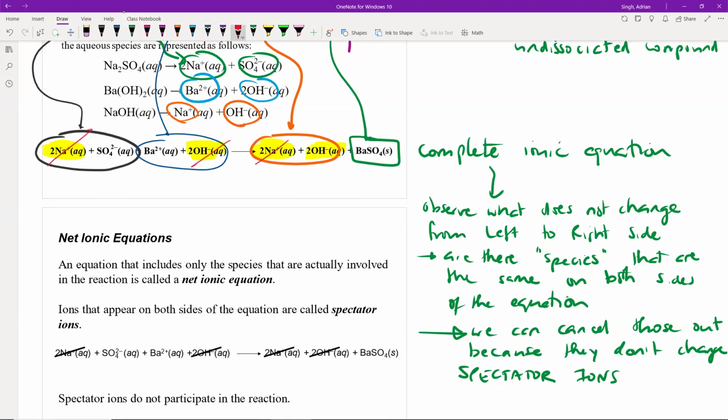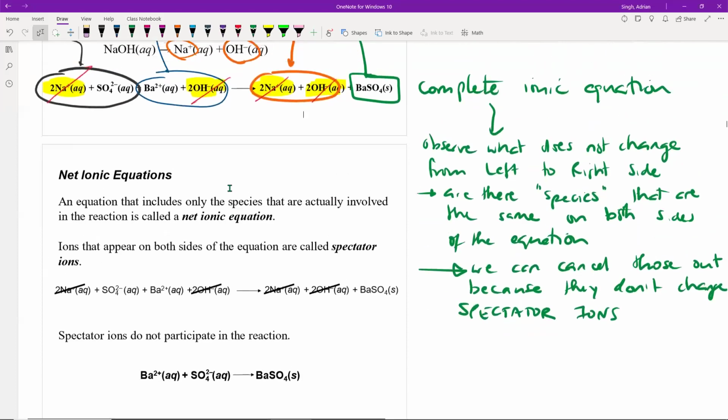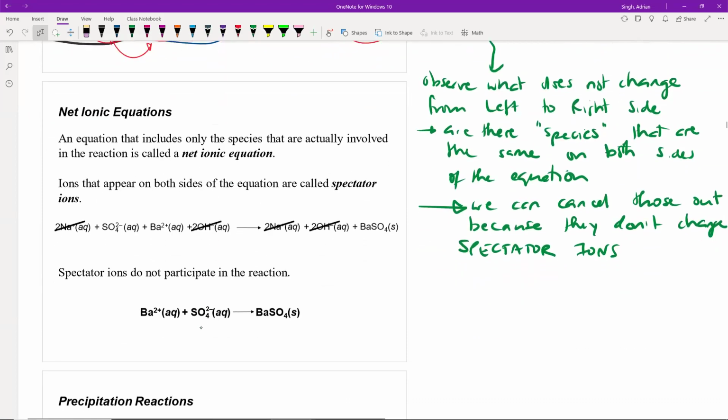I can cancel those out, and we can cancel out our spectator ions. And what you're left with is the actual reaction that is occurring. And the actual reaction that is occurring here is the sulfate and the barium ions are combining together to make the barium sulfate solid. And what we end up with when we write those out, that is then known as the net ionic equation.